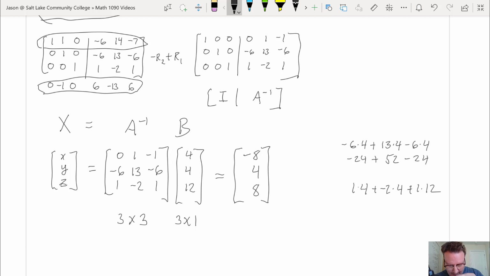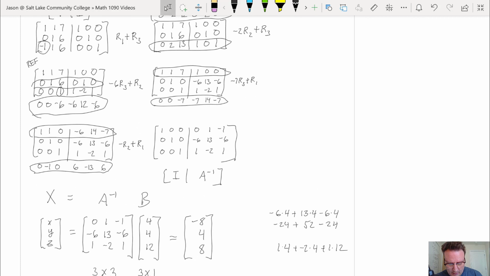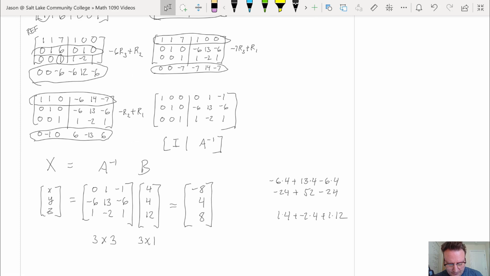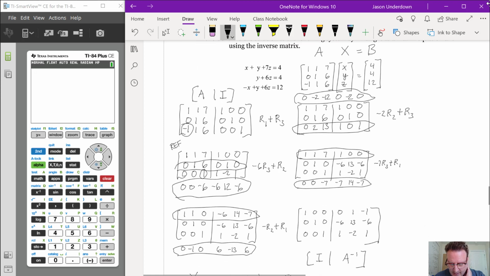Now we could certainly test this by plugging our values back into the original system, and that's usually a good idea. But to check this work, I'm going to switch over to the calculator here, and I've already put this coefficient matrix A and the constant column vector B into the calculator's memory.